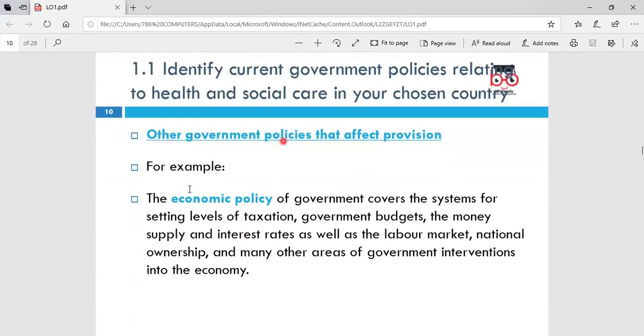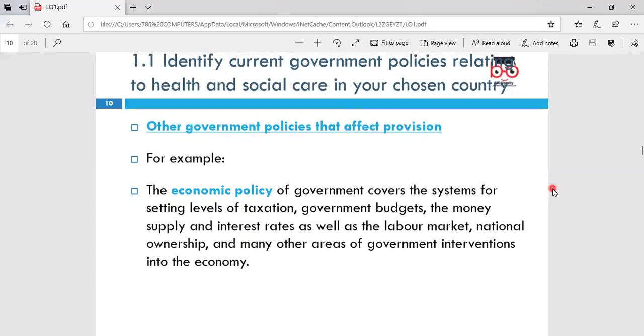So other government policies can also affect provision, like the economic policy of the government that covers the systems for setting levels like taxation, government budgets, money supply. You have interest rates as well as the labor market, national ownership, and many other areas of government intervention into the economy.